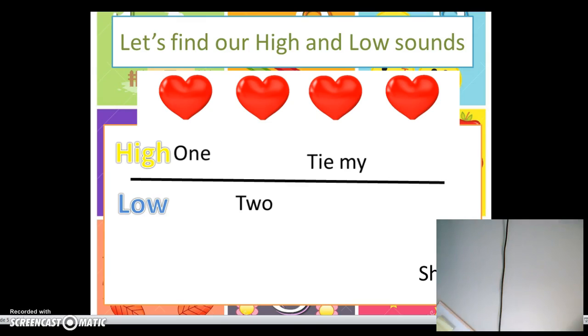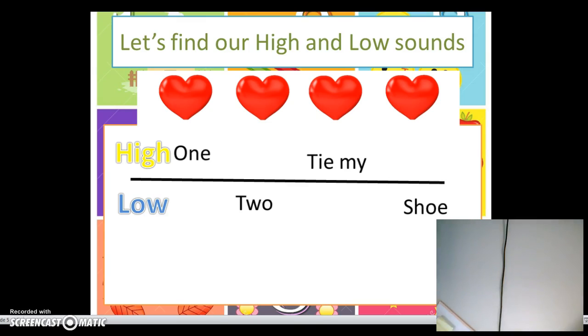Good for you. Let's look at shoe. Is that a high or low sound? Low. Good for you. So 1, 2, tie my shoe.